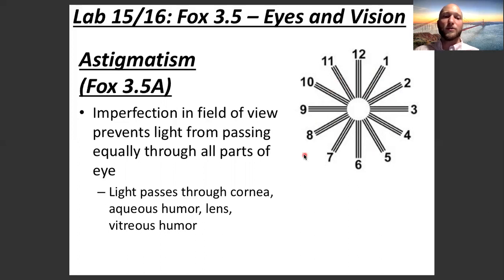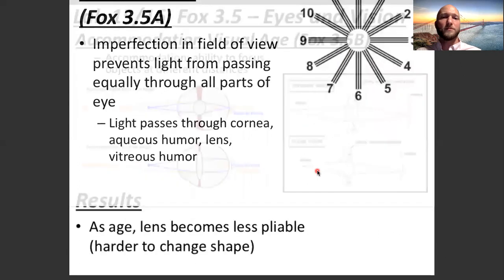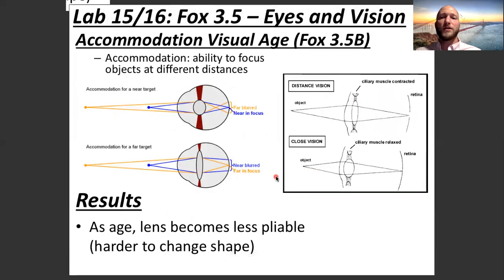Light has to pass through your cornea, the aqueous humor, the lens, the vitreous humor. There's a number of different structures it has to pass through, so it's not necessarily a diagnosis. It just tells you that something's not perfect with how the light passes through.